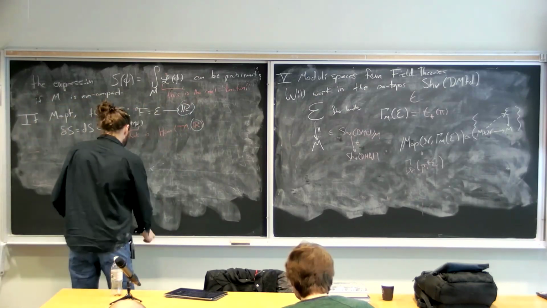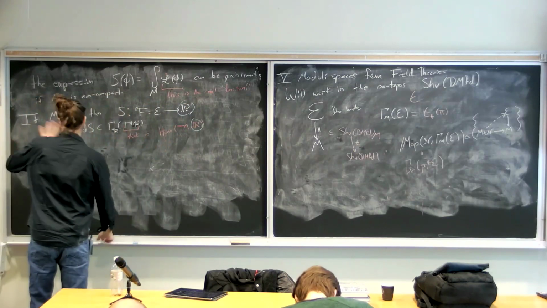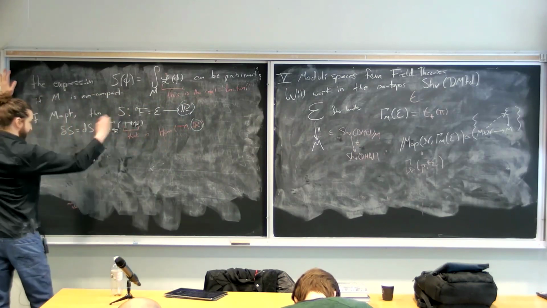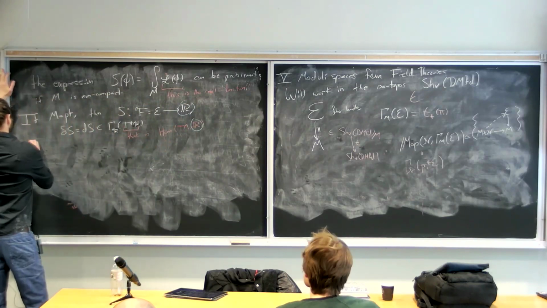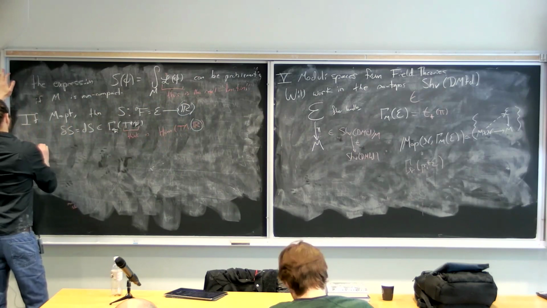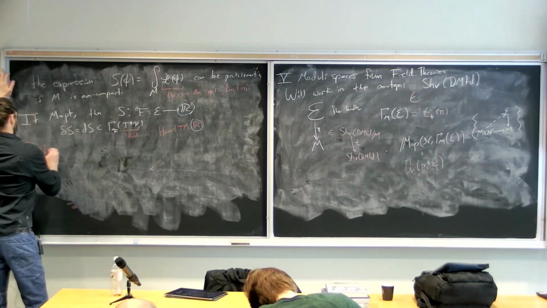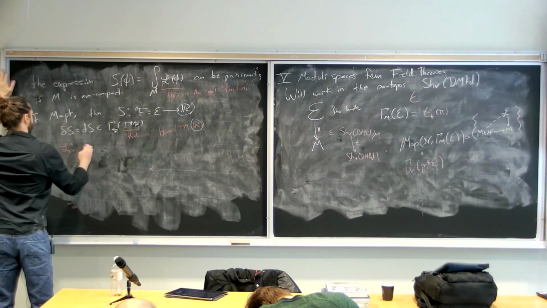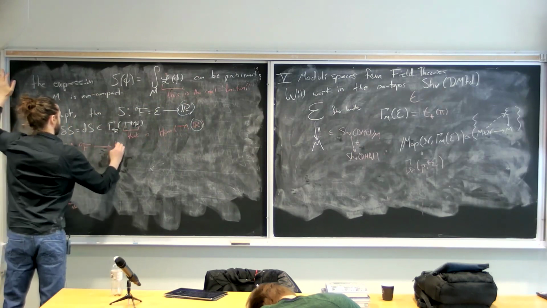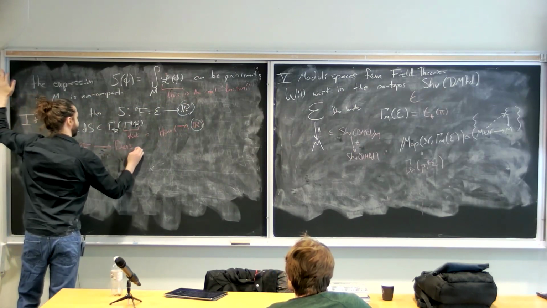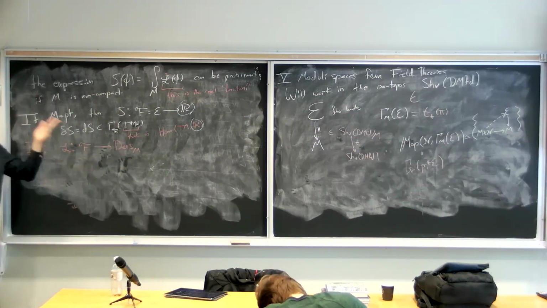So this is a heuristic argument, I'm going to say, but then I'm going to give it a definition. So the idea is, in general, you can think about going from F to the densities on the manifold, or top forms if it's oriented.